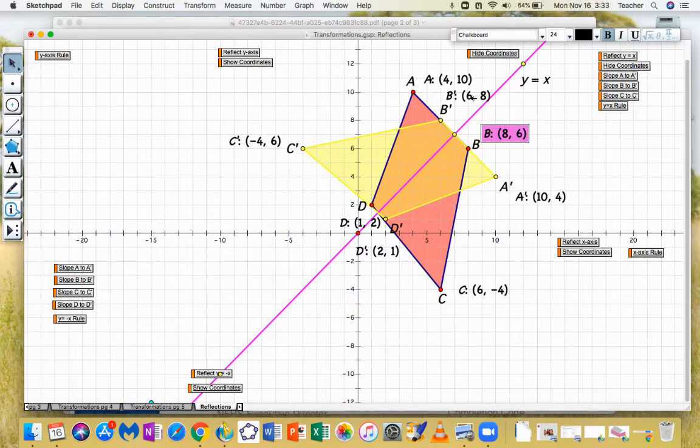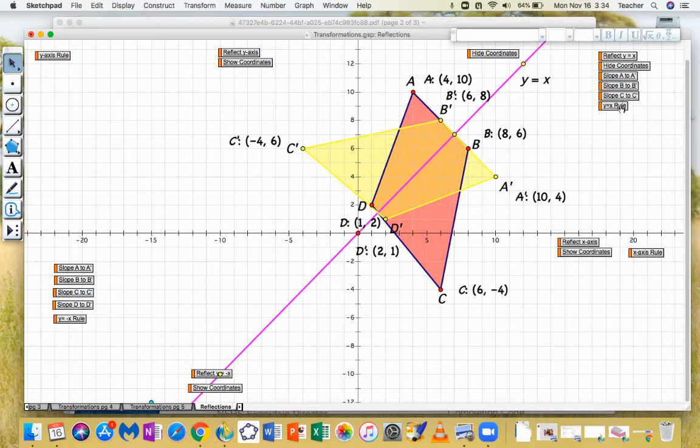I reflected across y equals x, and it's (6, 8). You see a pattern. C, (6, -4), reflect across the y equals x line. All of a sudden, it's (-4, 6). So hopefully you're seeing the pattern of, I'm just going to flip my x and y. So (1, 2) turns into (2, 1).